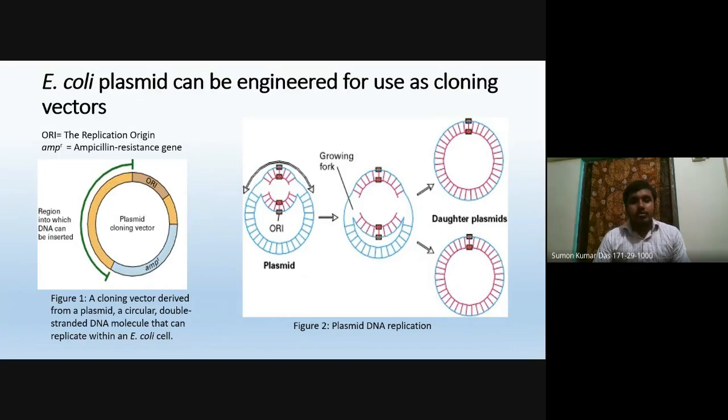One is the replication of gene, another is the ampicillin resistant gene contained in this vector, and this is the part where we insert our targeted DNA gene. Now it is the plasmid and the replication origin combined with the plasmid structure, and they form daughter plasmid. Now this plasmid can easily replicate, and we get several copies. We get our desired product.